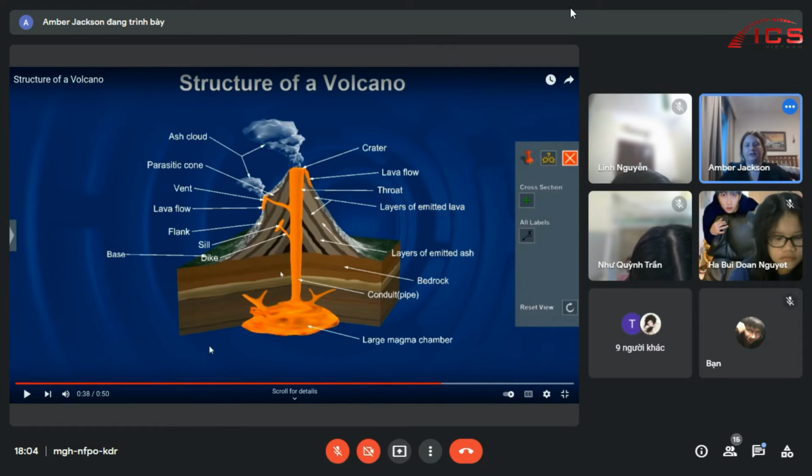The bedrock, the foundation of the earth, and the conduit, the pipe. So the throat is everything above the bedrock, and the conduit is everything from the magma chamber till you hit ground, right? So this is the structure of the volcano.